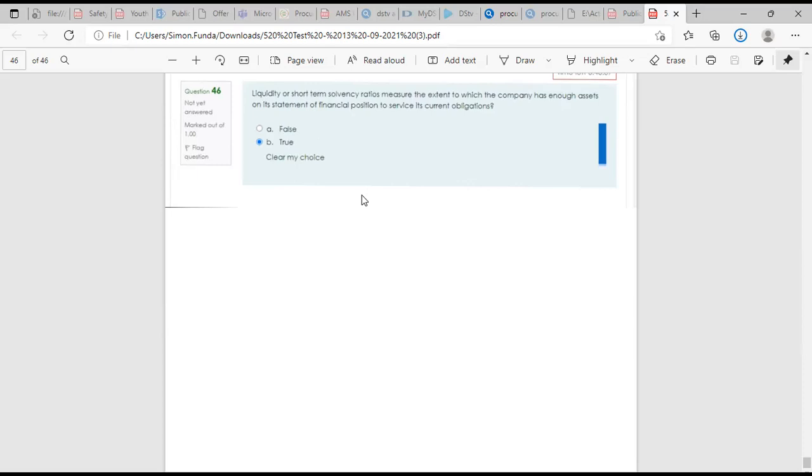I think also preparation of the statement of comprehensive income and financial position. You look at those pro formas, how we are supposed to prepare the statement of comprehensive income, as well as the financial position.